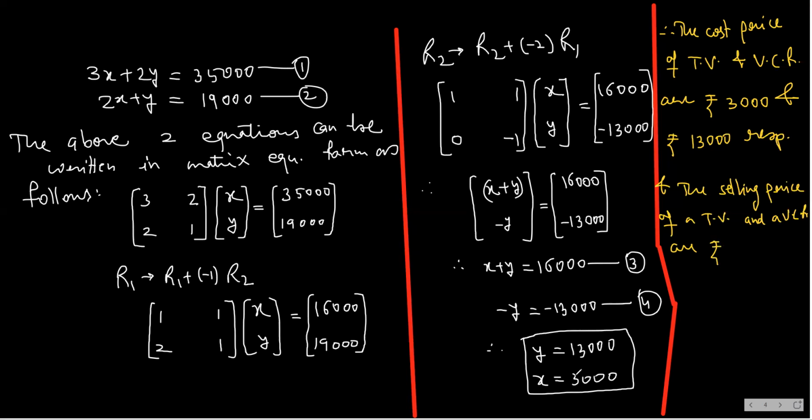How much is the profit required on a television? 1,000. So 4,000, and the profit required on VCR is 500. 13,500. This is the answer.